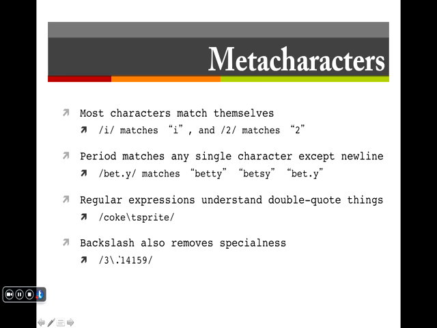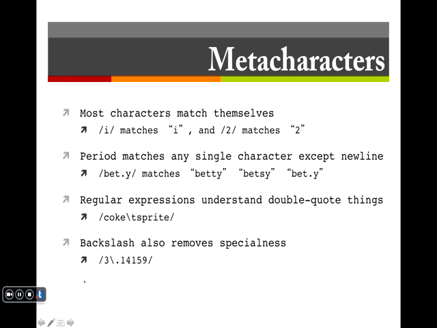Now, I also have to mention that whatever we learned about the special ways of using characters or special cases in double quotes also works with regular expressions. So here, forward slash coq \t sprite and forward slash. We are familiar with \t, the tab.